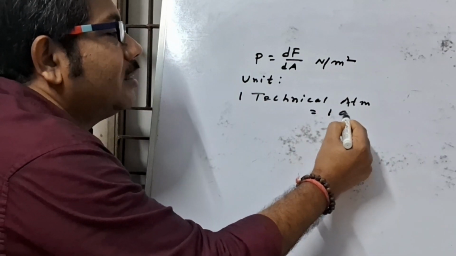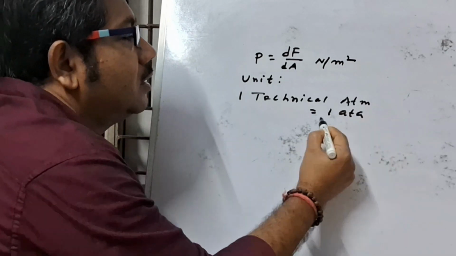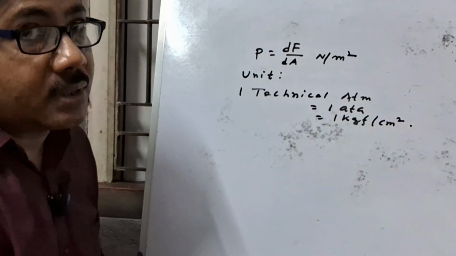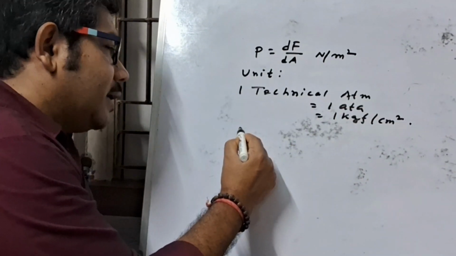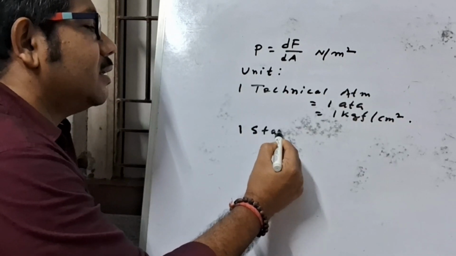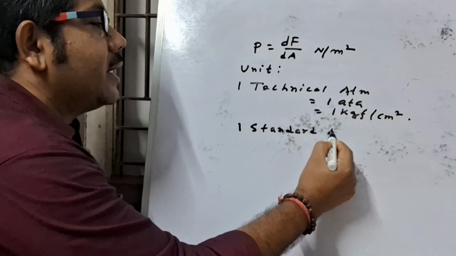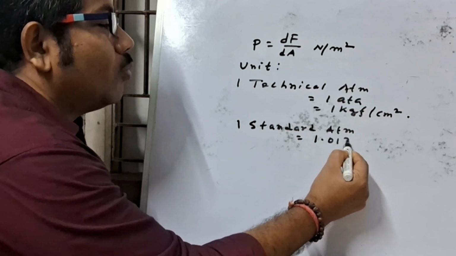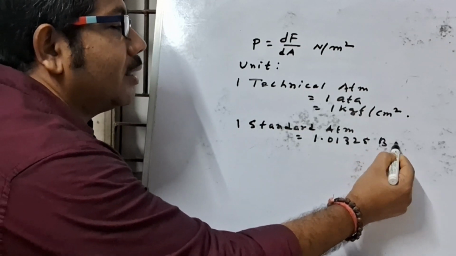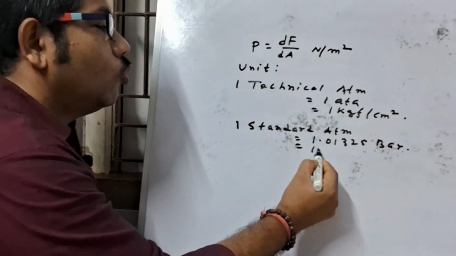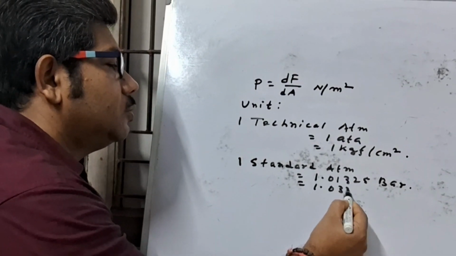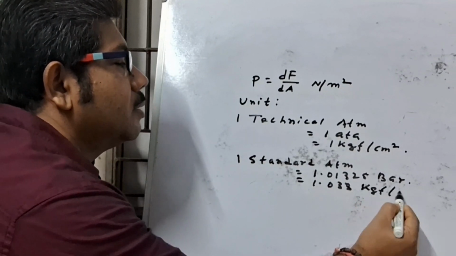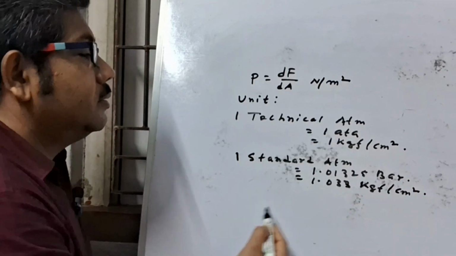This is equal to 1 ATA or 1 kgf per centimeter square, and 1 standard atmosphere, this is equal to 1.01325 bar, or 1.033 kgf per centimeter square.